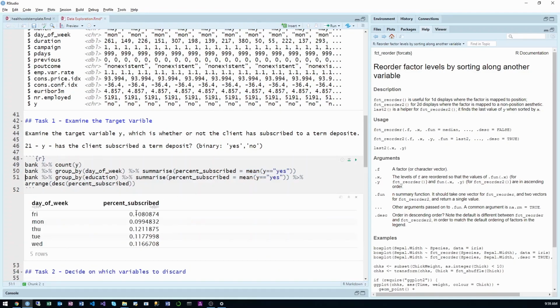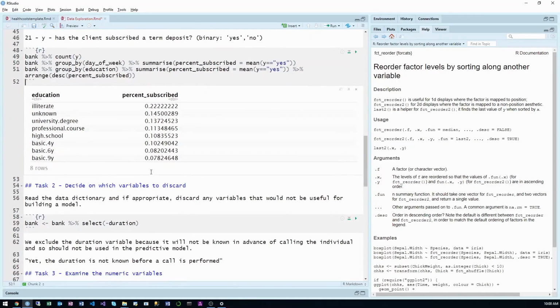You can see that it's 10% on Fridays, 9% on Mondays, 12% on Thursdays, and so forth. And you can also change this to any variable that you want. Like, let's look at education. You can see it's 22% for those who are illiterate, 14% for those who have an unknown education, and for those who have 6 years or 9 years of education, it's much lower. It's about 7 or 8%.